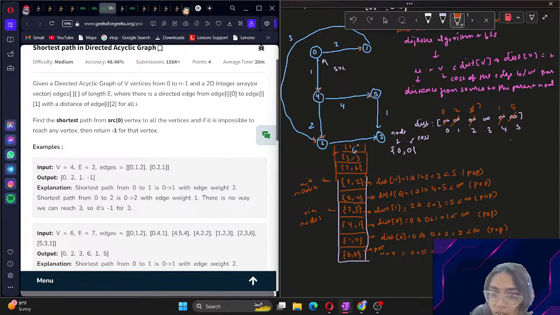2 comma 6. So distance of 2, the updated value, is 3. So 3 plus 6 is gonna be 9, which is less than infinite. So we're gonna change this to 9 and we're gonna pop.